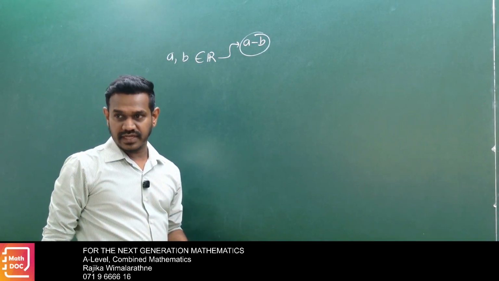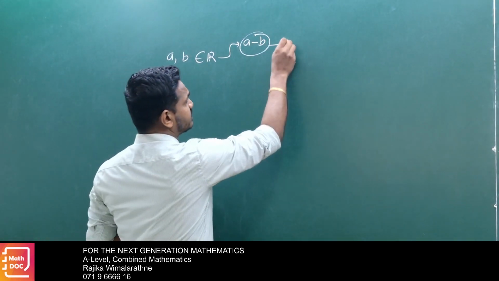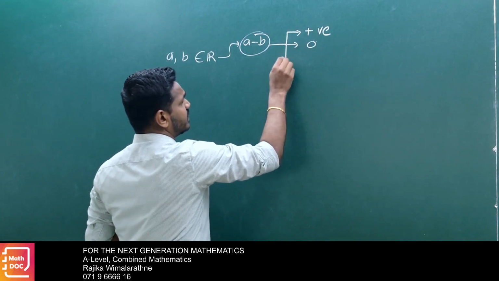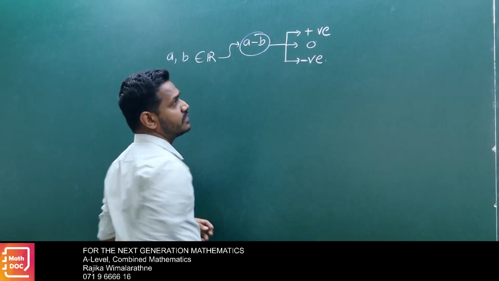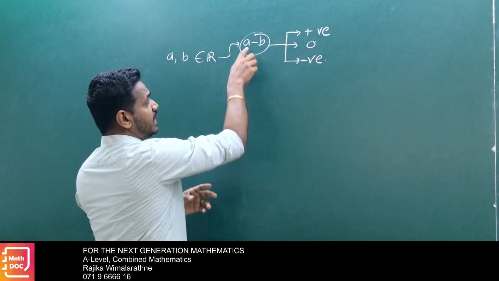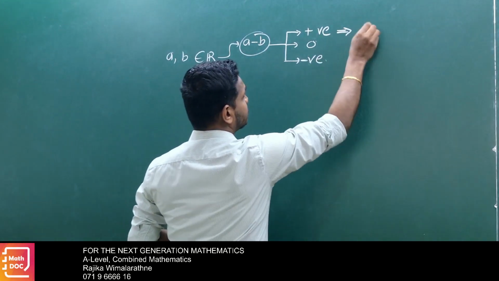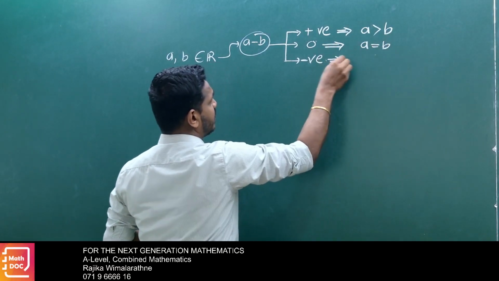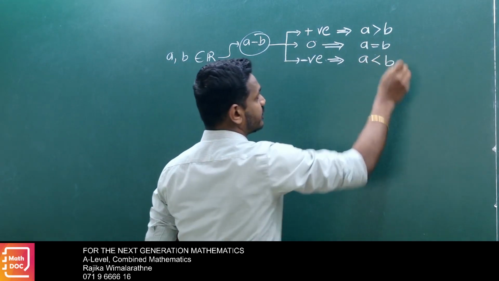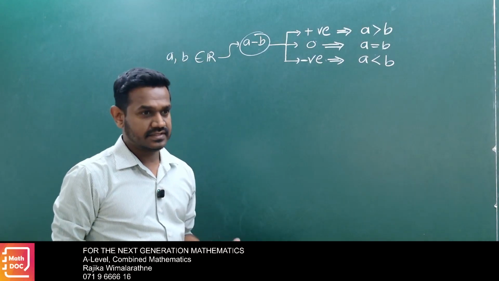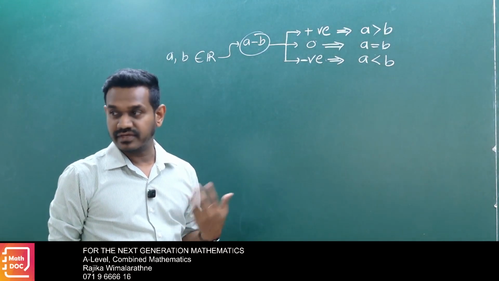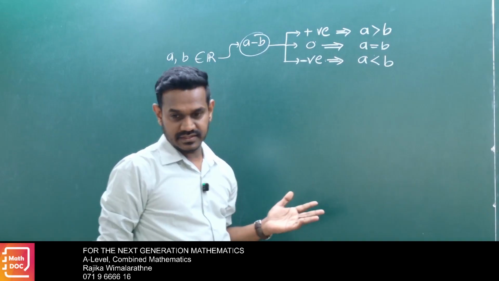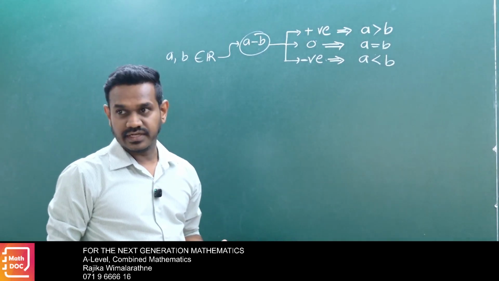One result can be a positive value, another can be 0, and another can be a negative value. If A minus B is positive, we say A is greater than B. When the value is 0, we say A equals B. And when A minus B is negative, we say A is less than B. So with two real numbers, we have only three conditions: A greater than B, A equal to B, A less than B. No other thing. That is the basic concept of inequality.